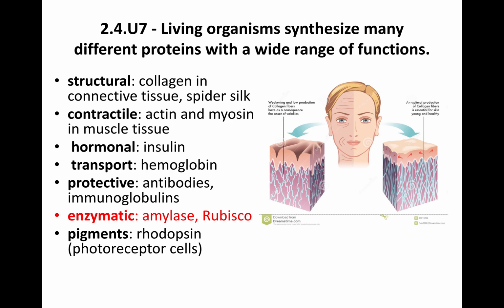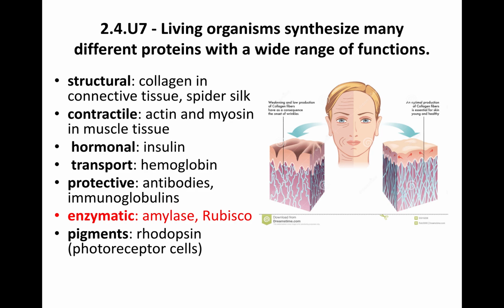Hormonal proteins like insulin, which is a hormone that helps decrease glucose in our blood, so our blood sugar levels decrease. Transport proteins like hemoglobin, which is in your blood, transports things like oxygen and nutrients throughout your blood system and gets them to the organs they need to be at.